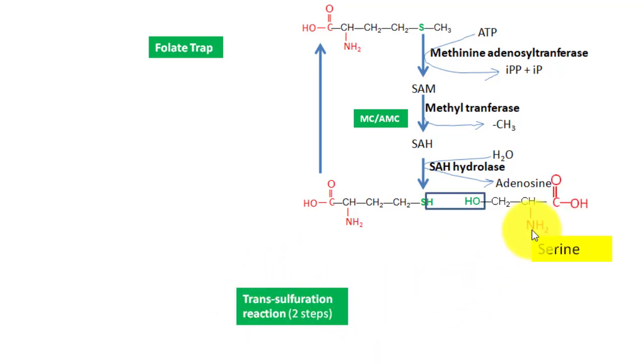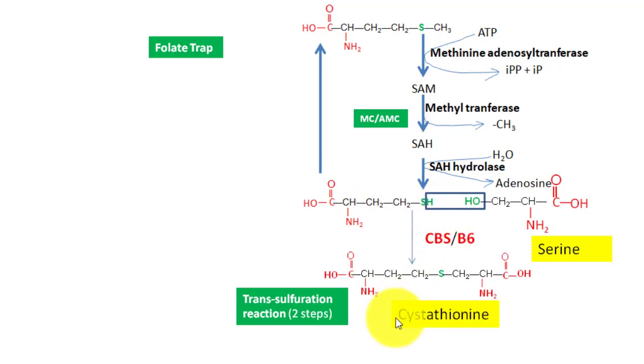First, homocysteine reacts and the compound formed is cystathionine. This cystathionine is synthesized by a very important enzyme, the deficiency of which is responsible for classical homocystinuria. This enzyme is called cystathionine beta synthase. This is a vitamin B6 requiring enzyme.